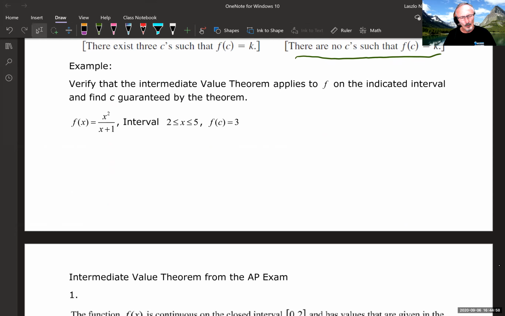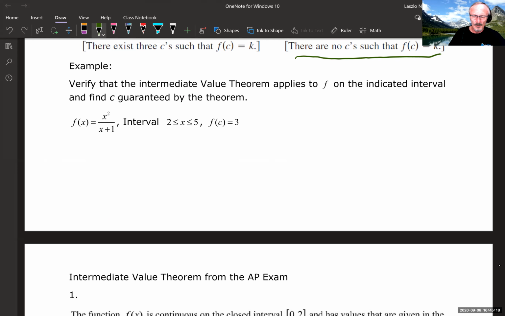So we're presented with an algebraic expression of f, and f is equal to x squared plus x squared over x plus 1, and the interval in question is x equals 2 to 5 inclusive. These theorems always require a closed interval, and f of c is equal to 3.